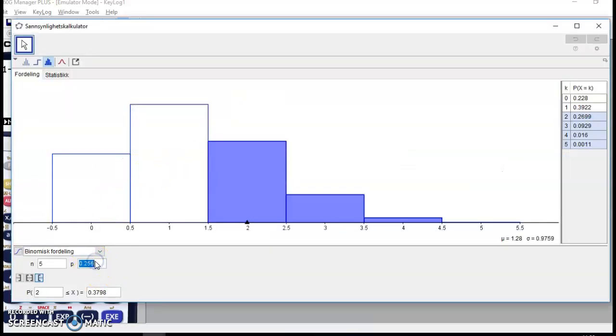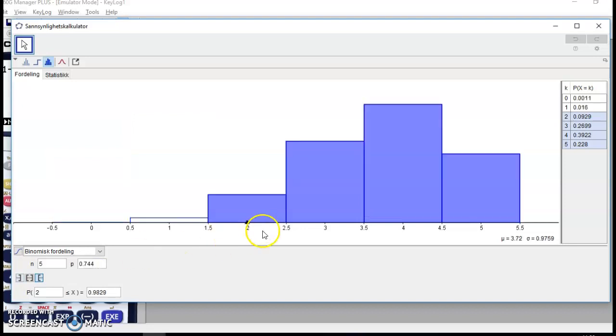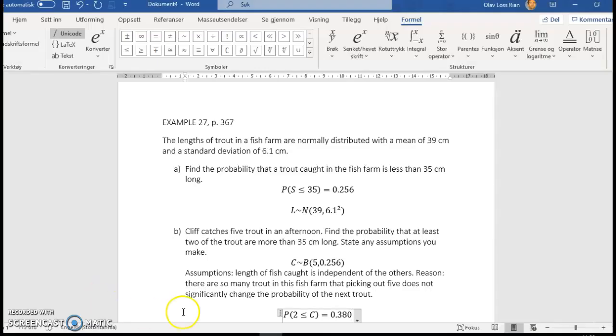So that's what we need to put in here, 0.744. And now the distribution looks very different. So the probability that 2 of the trouts are longer than 35 centimeters long is 98.2%, or 0.982.